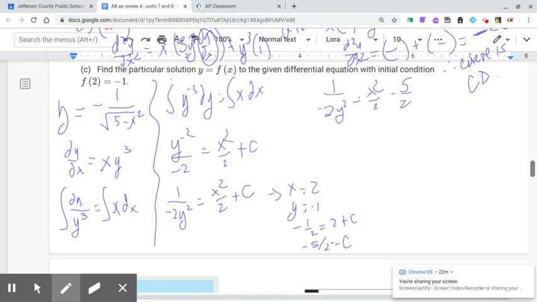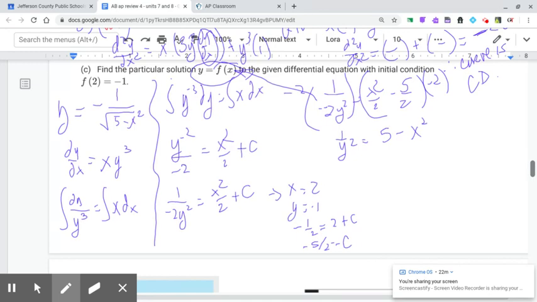Now let's clean this up, because they do want you to solve for y. There's the implication there, solve for y. So let's move the negative 2 over. If I multiply both sides by negative 2, then I'm going to get 1 over y squared, and over here I'm going to change signs and cancel out the 2, so it'll become 5 minus x squared. If I take reciprocals of both sides, it's the reciprocal of a whole side at a time, not term by term.